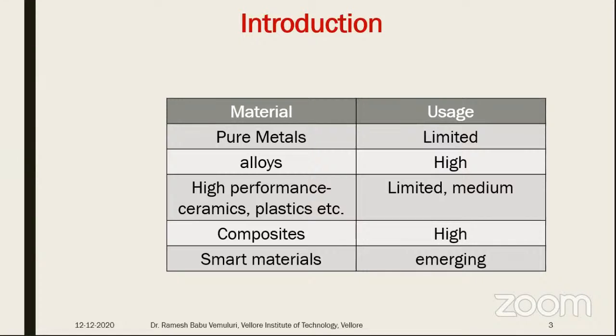So many things came into the picture. So why don't we go with high performance materials, refractory materials, ceramics, then plastics came. Ceramics, due to their brittleness and other properties, are limited only to particular specific applications. And next is plastics.